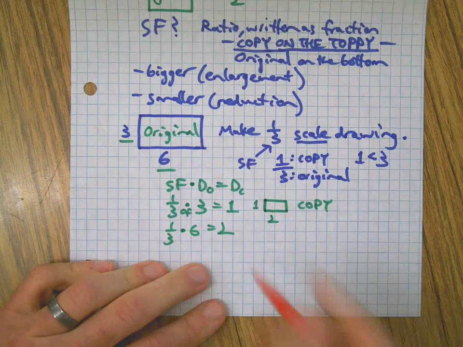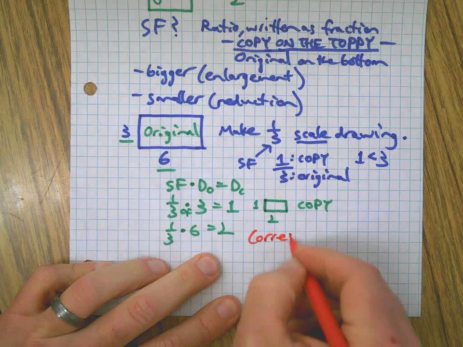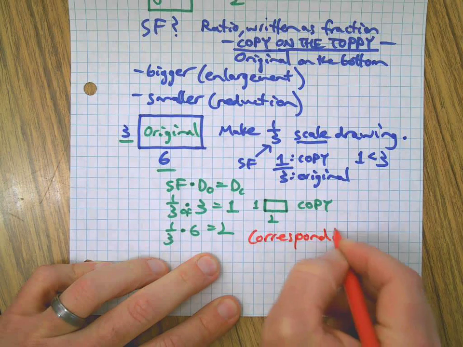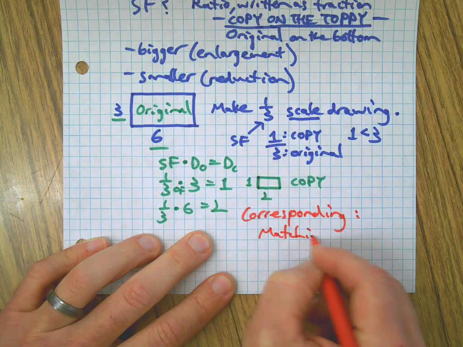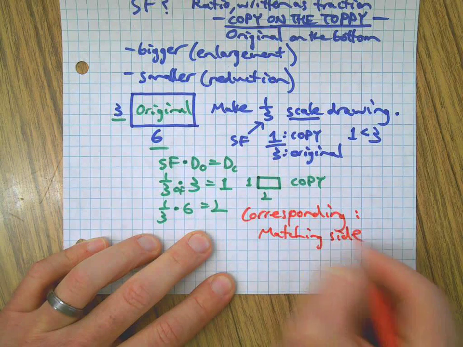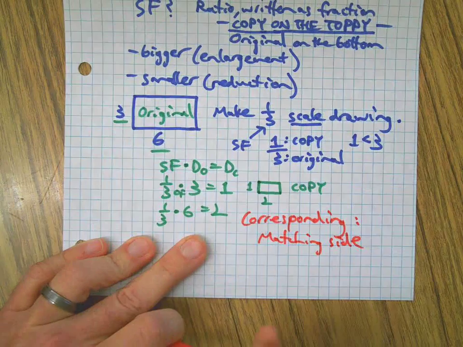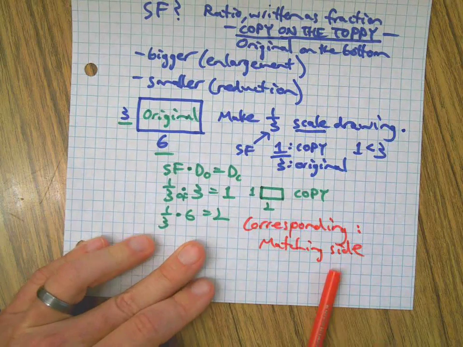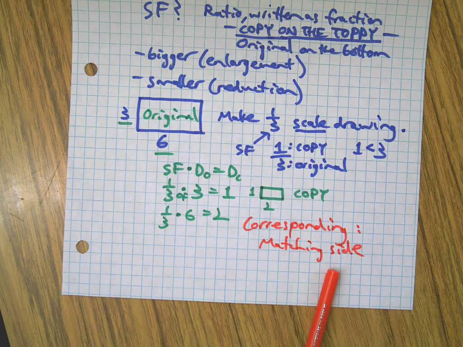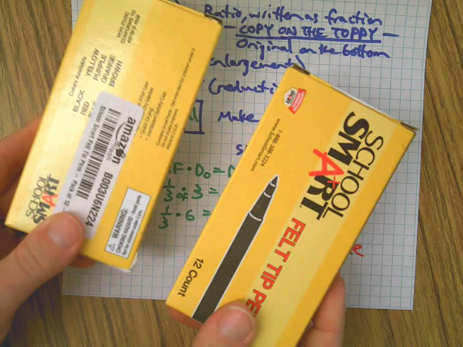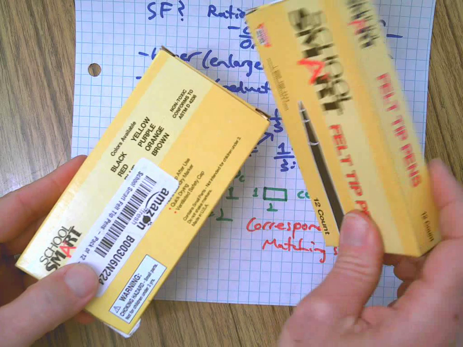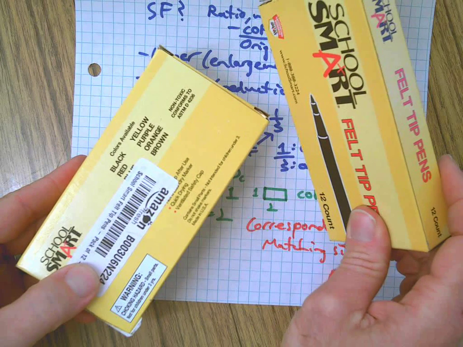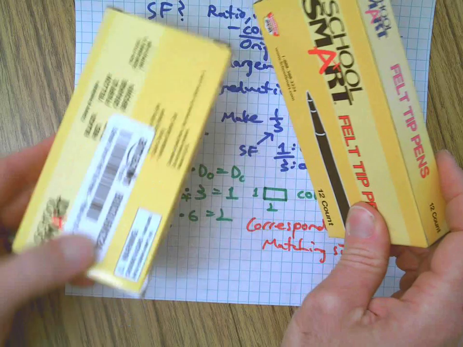Okay? One vocab word to talk about here very quickly, corresponding. You heard me use that. Corresponding just kind of means matching. The matching side. Now sometimes, to find the matching side, you need to rotate things around. Like if I have a couple boxes of pens here, and they're oriented like this, it might be hard to see the matching side at first.